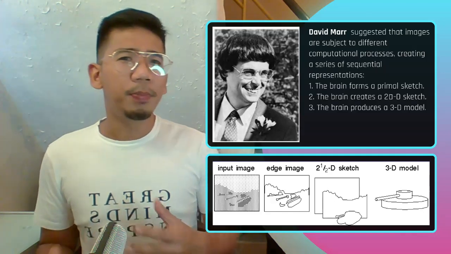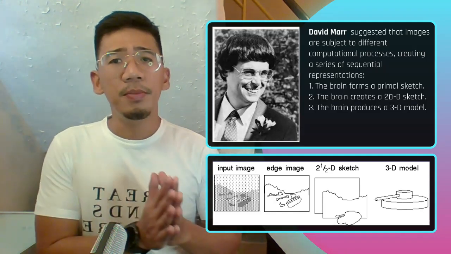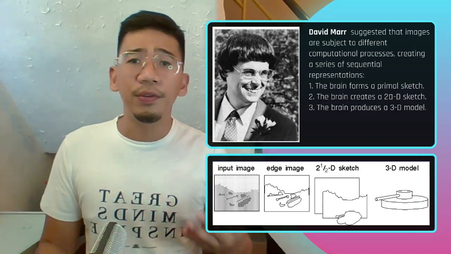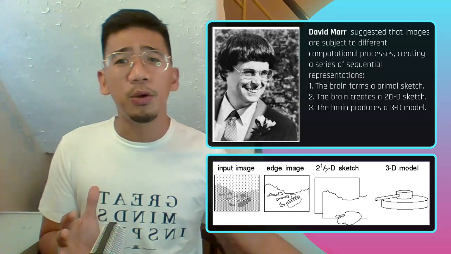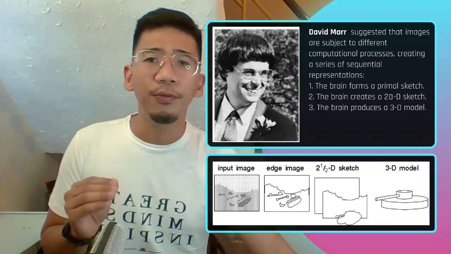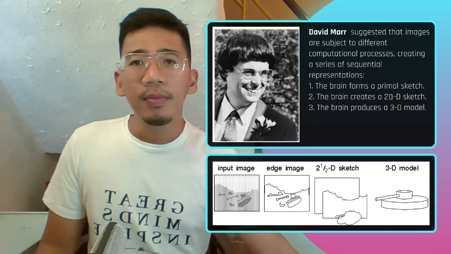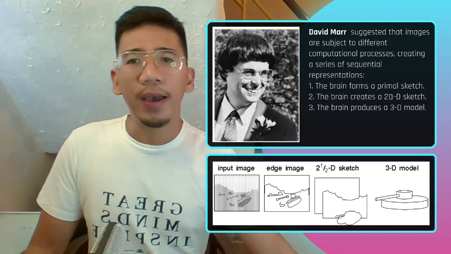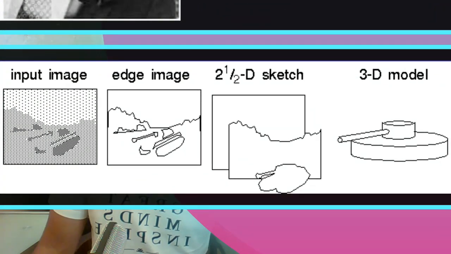Now, David Marr, a British neuroscientist, suggested that images are subject to different computational processes, creating a series of sequential representations. The first is that the brain forms a primal sketch. This two-dimensional line drawing provides information about edges, contours, and blobs.